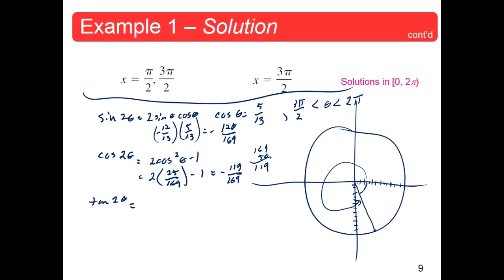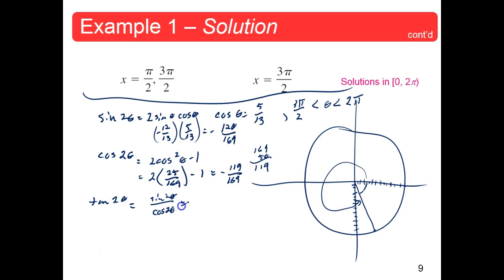Now, tangent 2 theta. How do we get that one? 2 tangent theta over 1 minus tangent squared theta. He really likes to work hard, doesn't he? You certainly can. It works. But guess what? Tangent 2 theta is sine 2 theta over cosine 2 theta.